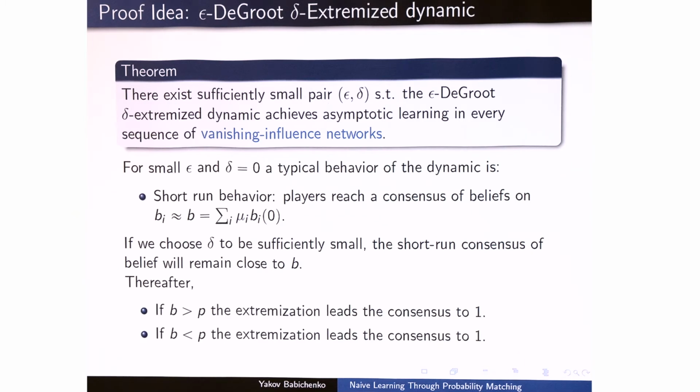Thereafter, as I just said, if the short run consensus is on something above the diagonal, then it will lead the dynamic to 1. And if it's below the diagonal, it will lead the consensus to 0. The technical tool to do it formally, not intuitively, is stochastic approximation. And this is the main tool that we use for the proof.